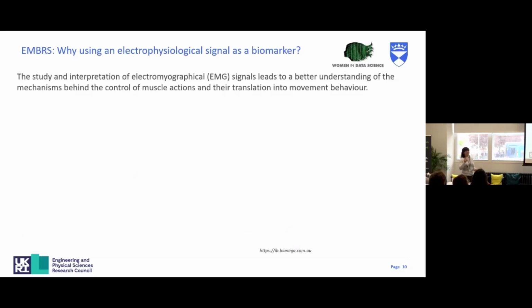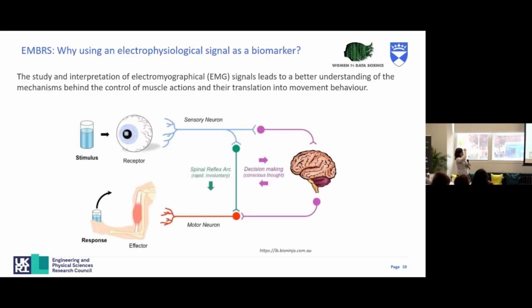So why use EMG as a biomarker? By EMG, I mean electromyography, and that's kind of the voltage that is generated every time that we move. So understanding electromyographic signals should lead to a better understanding of what's happening in our brain, because that is a translation of muscle control that translates to motor behavior.